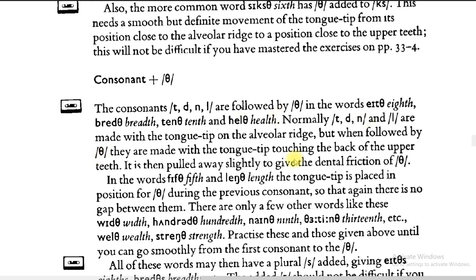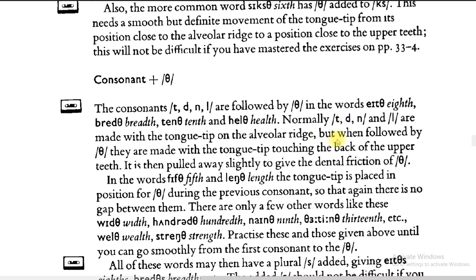So if we have this combination, these consonants followed by this consonant, what happens? The place of articulation for these sounds changes a little.